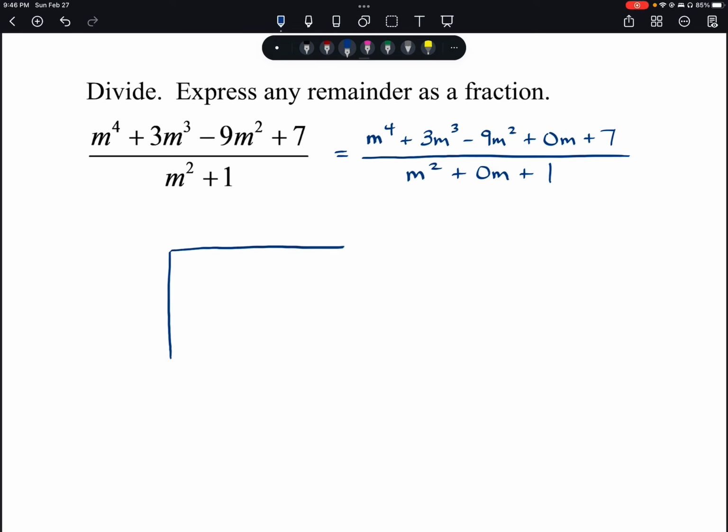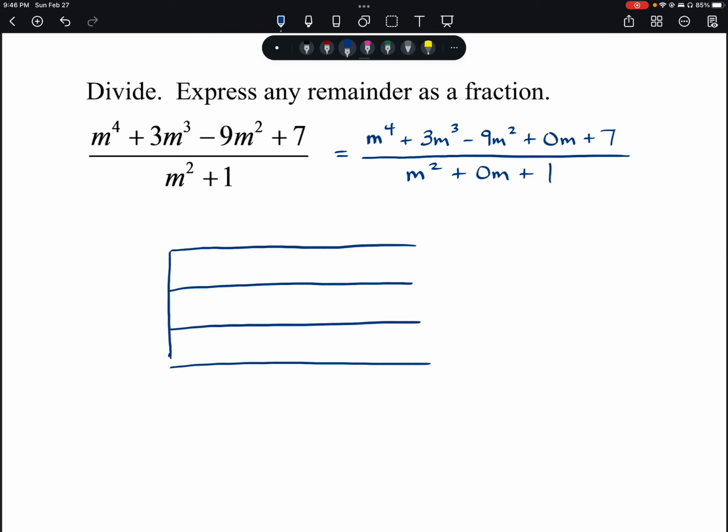So as I do this here, I'm going to have 3 rows, because I need one for m squared, I need one for 0m, and I need one for that positive 1. Now, when you do m to the 4th divided by an m squared, you know that you get an m squared.